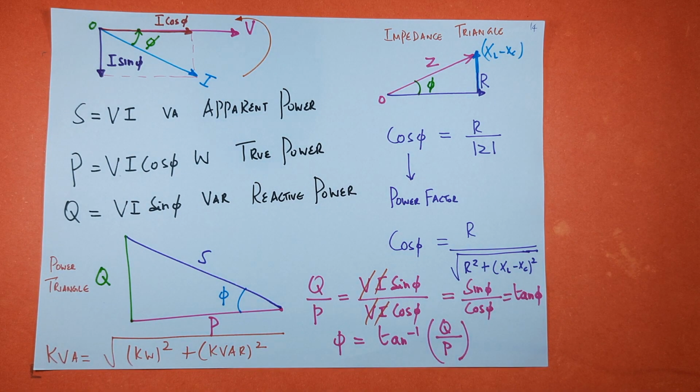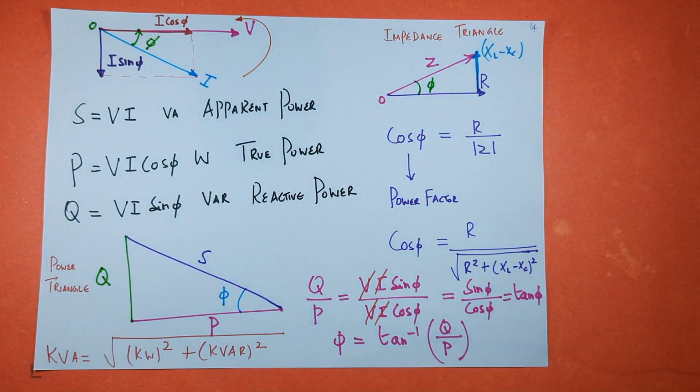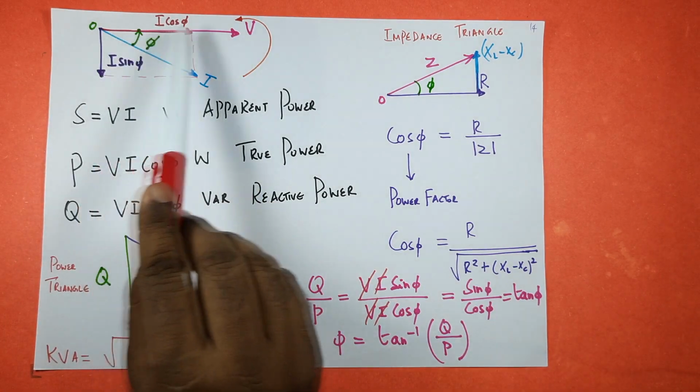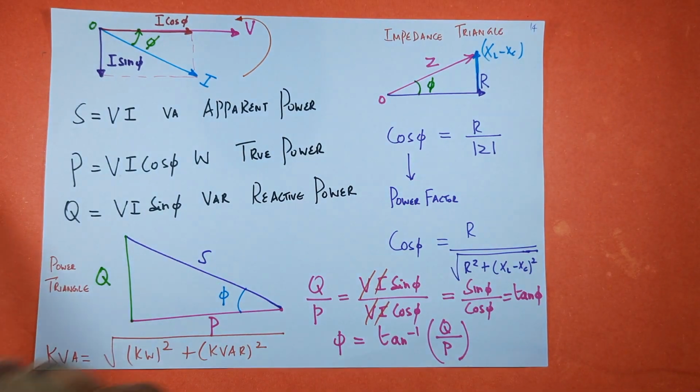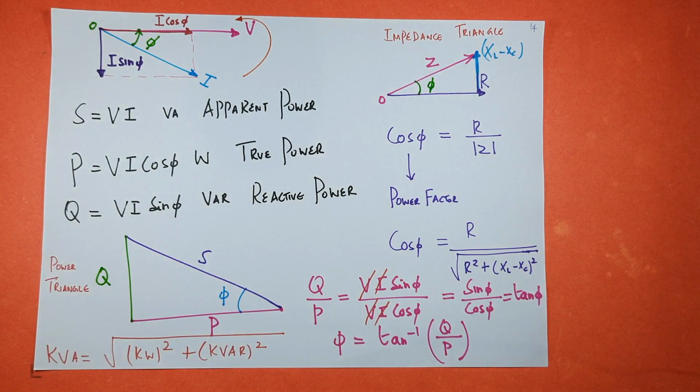Now this phasor I, you can resolve into two components: one is called the horizontal component, another is called the vertical component. The horizontal component is I cos phi. The vertical component is I sin phi.